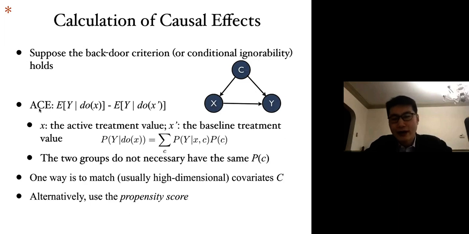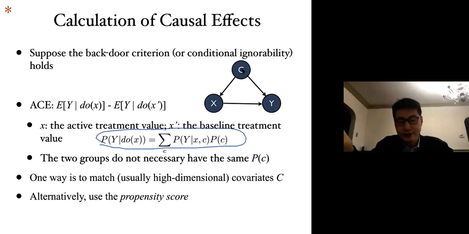And you can derive the average causal effect or other measures by making use of this probability distribution. You can see the expression for this conditional distribution right here. You have to consider the average of the probability of y given x and c. Here c contains the other covariates, weighted by the probability distribution of c, the covariates, right?